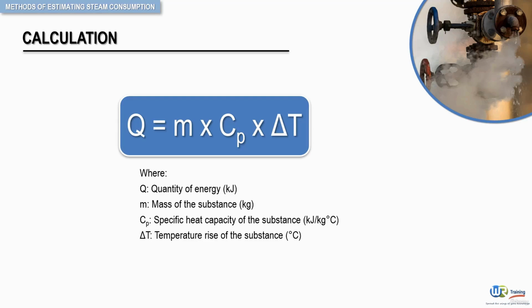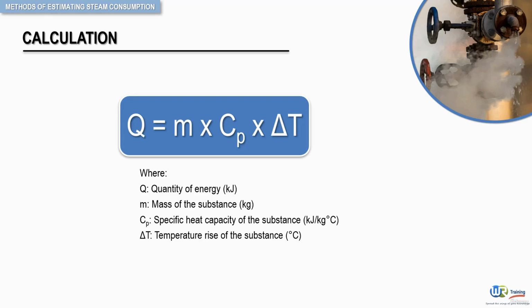In its original form, this equation can be used to determine a total amount of heat energy over the whole process. However, in its current form, it does not take into account the rate of heat transfer.